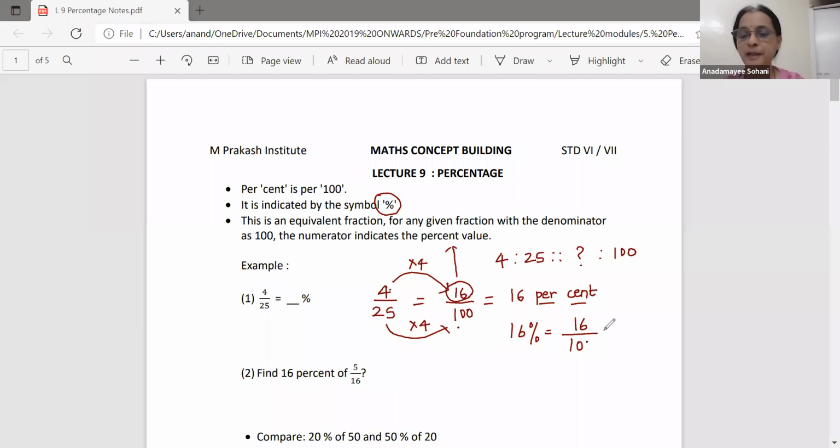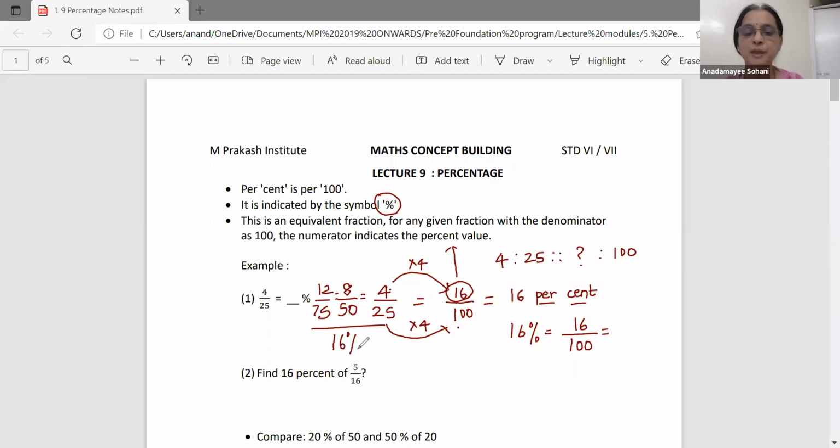And this is equal to any equivalent fraction of 16 upon 100. It can be 4 upon 25. It can be 8 upon 50. It can be 12 upon 75. Anything. All these fractions are equivalent. So all these are 16% values.